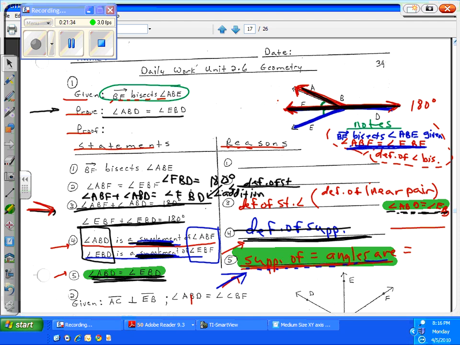And then we could put that 180 in place of angle FBD, and that would make, forget I did that. That would make this substitution that got messy.